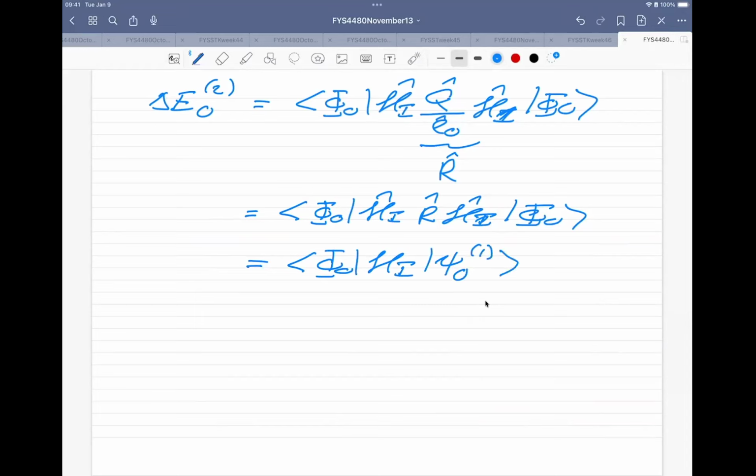So this state here is given by the following. My wave function, the approximation I'm making to first order, is given by this operator R, multiplied with the Hamiltonian, and acting on phi 0.